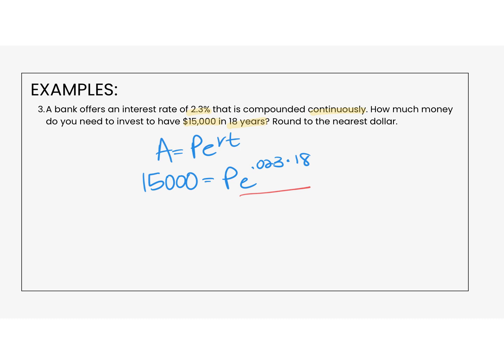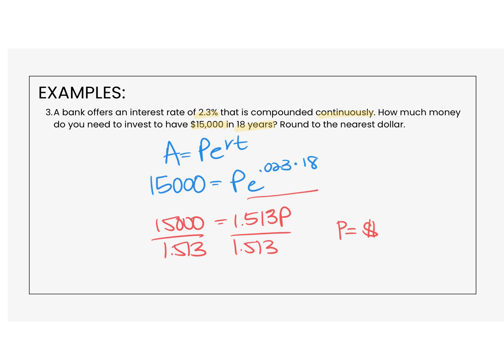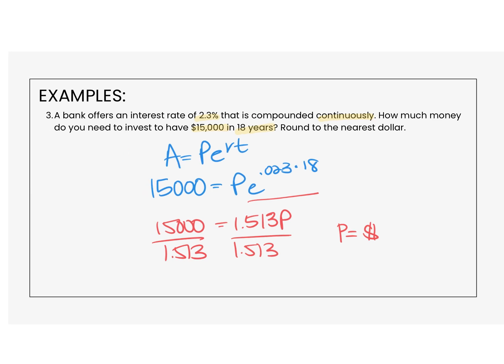And that gives me 1.513 times P equals 15,000. So then I'm just dividing. So the initial investment amount, again, I'm rounding to the nearest dollar, would be $9,914.